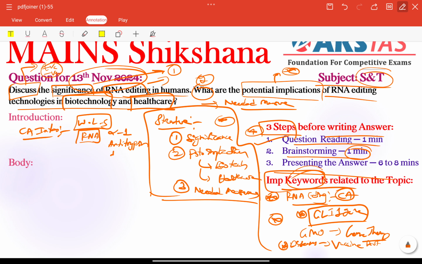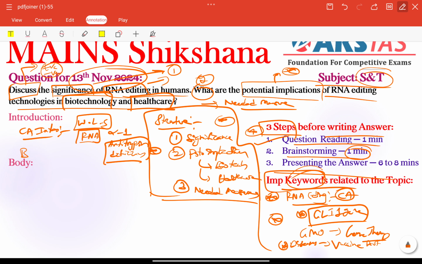What is this deficiency also need to know. This disease is related to especially lung and liver. Disease deficiency will affect lungs and livers.